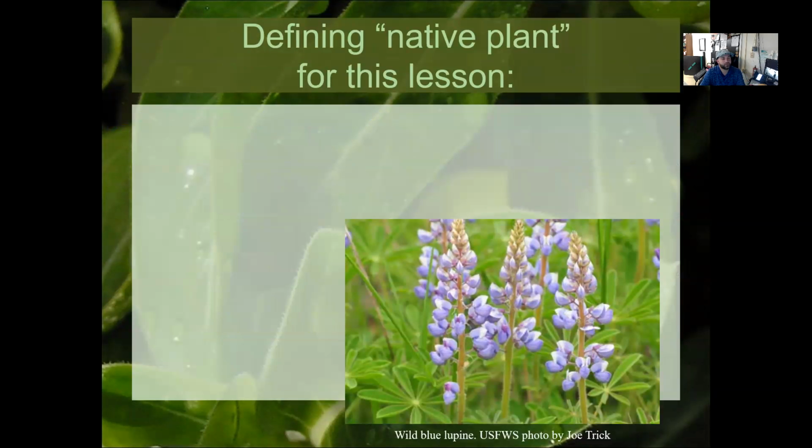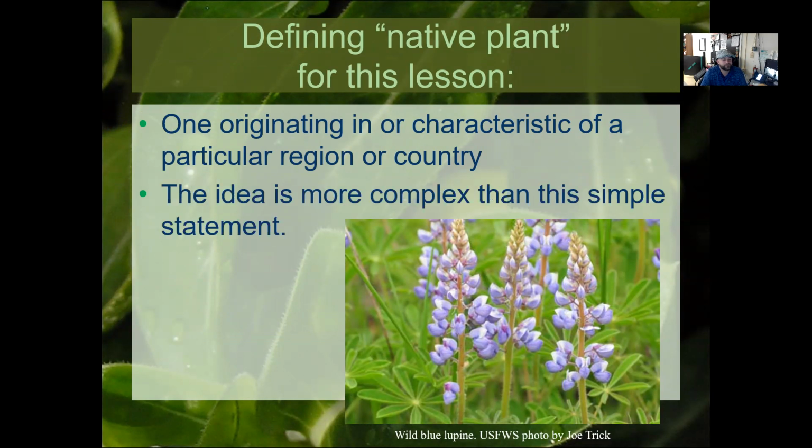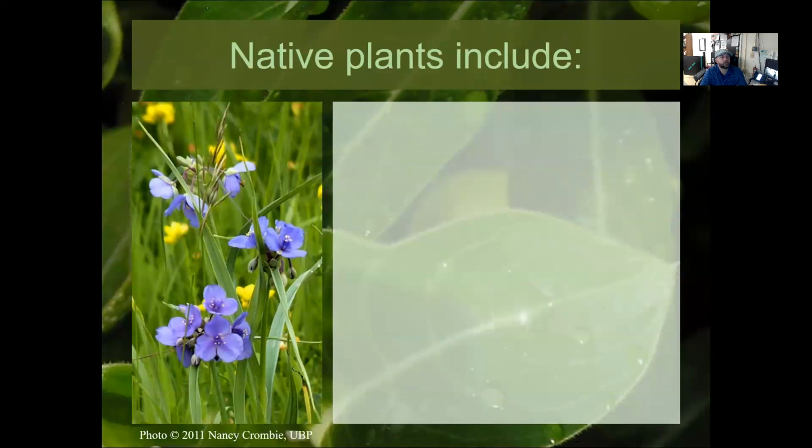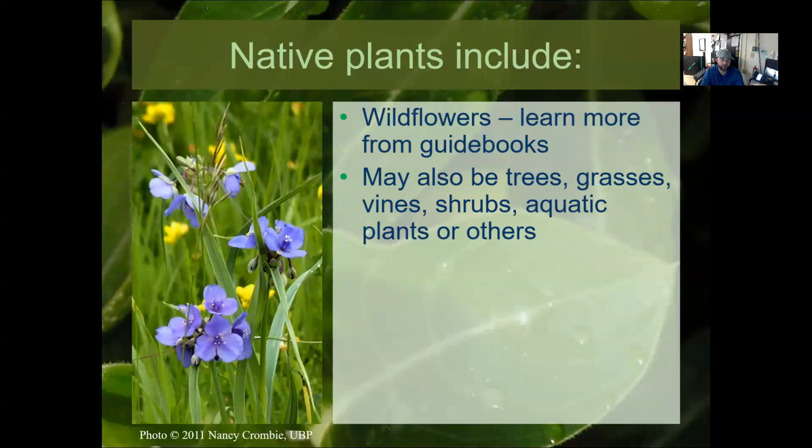So defining native plant for this lesson, this is one originating in or characteristic of a particular region or country. So the idea is more complex than this simple statement. Native plants include wildflowers. You can learn more of those from guidebooks.